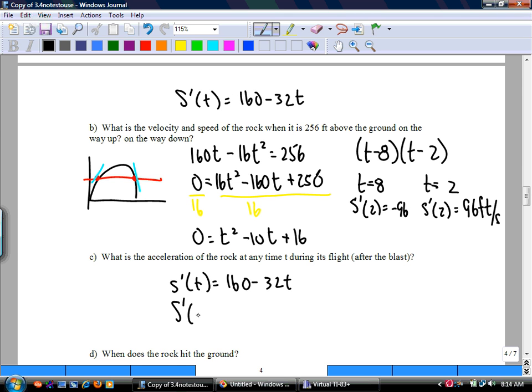Okay, what's the derivative of 160? 0, it's a constant. There's a power of 1 up here on the t. Put a minus sign down, copy the 32, take the 1 down, t to the power, take 1 away from the 1, you get 0.